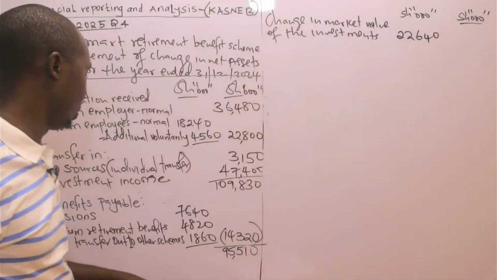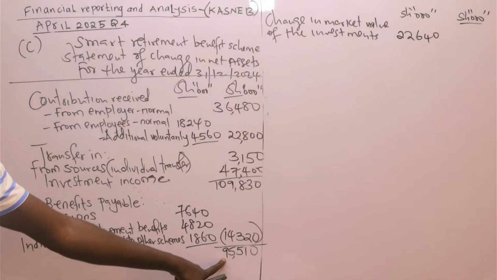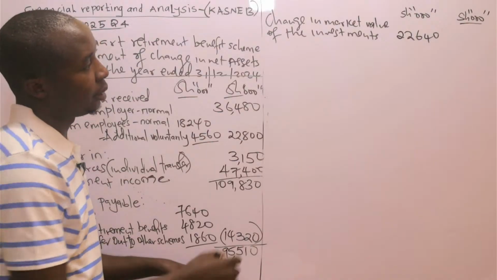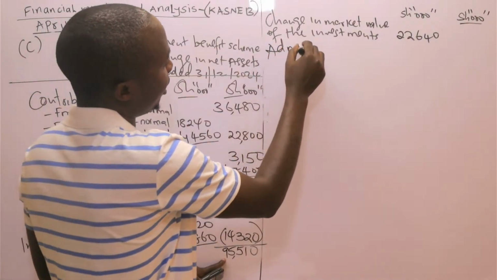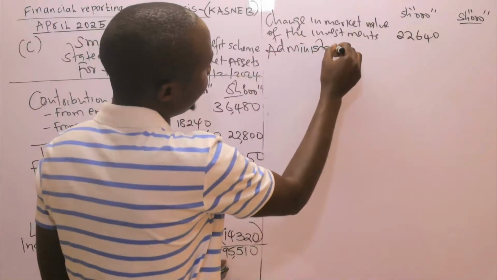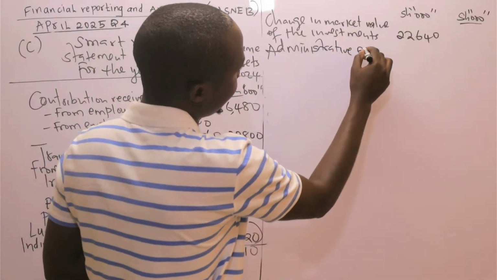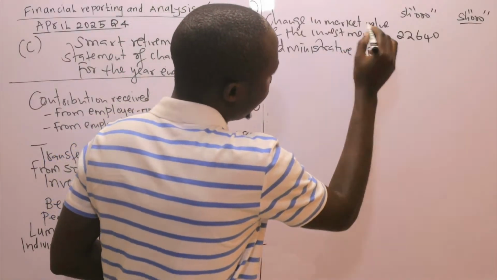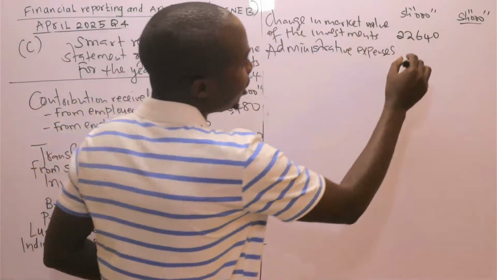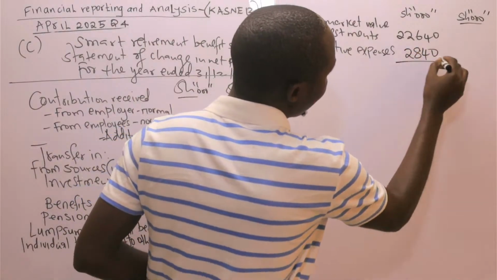And another thing which will reduce this 95,510 is an expense, which is administrative expenses. We have administrative expenses of 2,840.